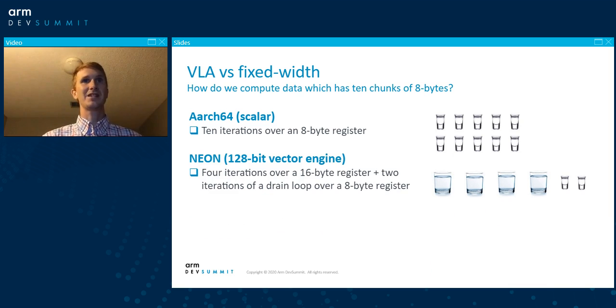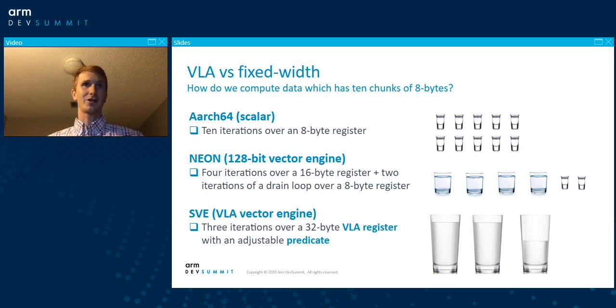Now you might accelerate that with a fixed width vector instruction set architecture like Neon at 128 bits. Using 128-bit Neon, I can do 4 iterations of a vector loop that uses Neon instructions to process as much of the data as will fit nicely into a multiple of the vector width, and then have a scalar drain loop, which operates on the last 2 chunks of the 8-byte data. So 2 loops using 2 different instruction set architectures.